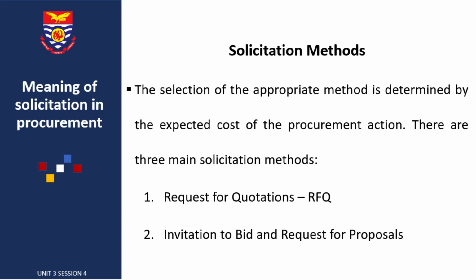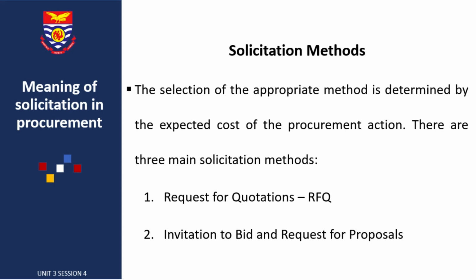So let's look at some solicitation methods. The selection of the appropriate method is determined by the expected cost of the procurement action. So there are two main solicitation methods.